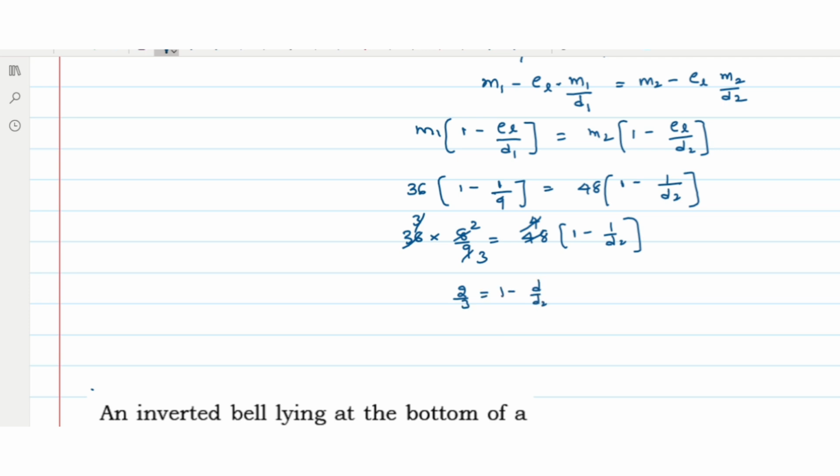So 1 by d2 equals 1 minus 2 by 3, which becomes 1 by 3. So the density of the second body we have calculated as 3 gram per cc. So 3 gram per cc is the correct answer for this question.